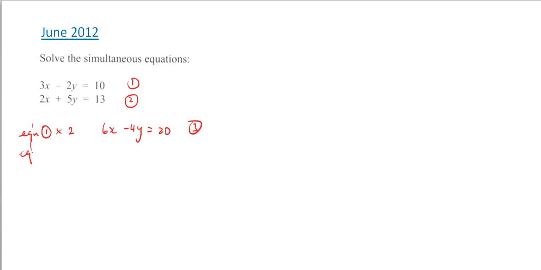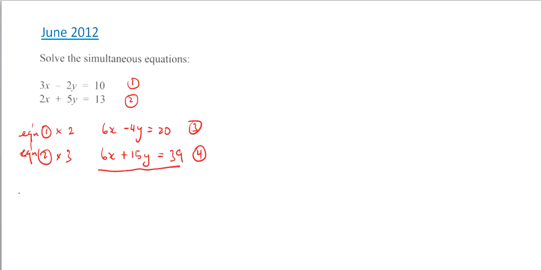Now I'm going to take equation 2 and I'm going to multiply by 3. Why? Because I want to get 6x. So this will be 6x plus 15y is equal to 39.